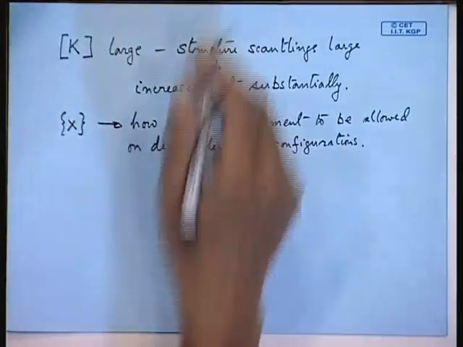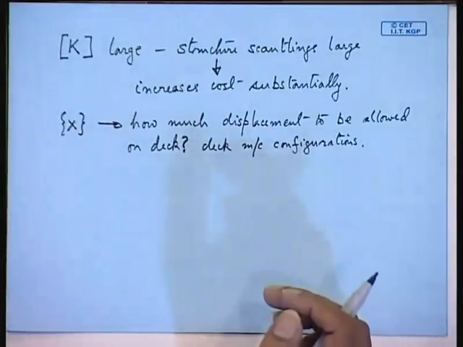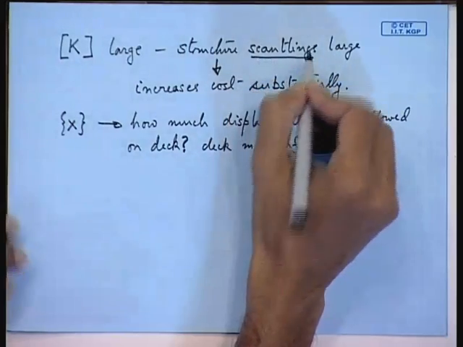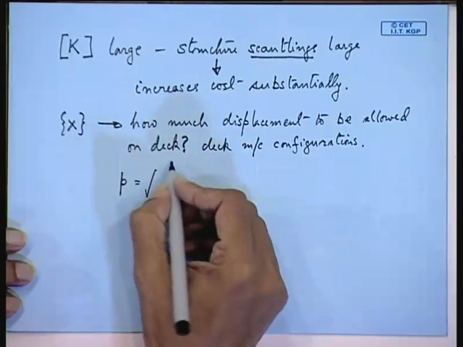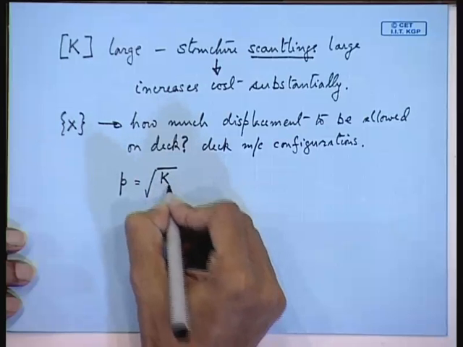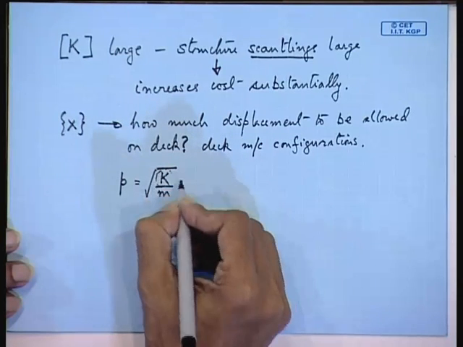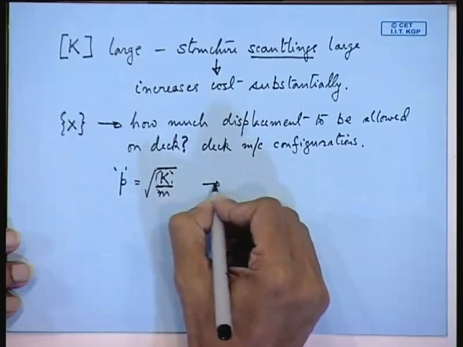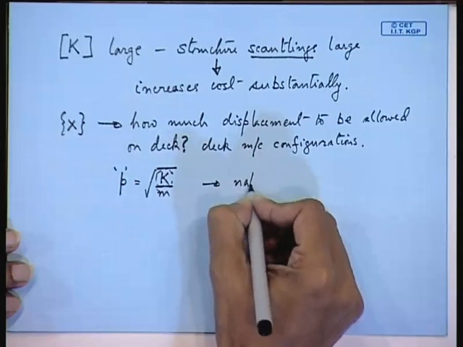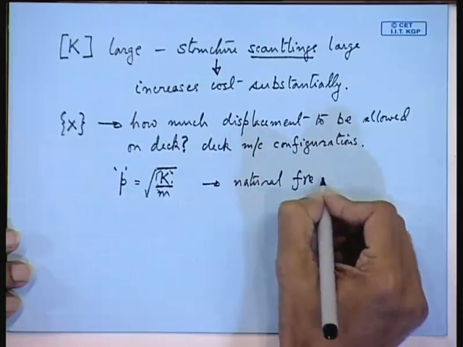So, one of the reasons I told you is this, that is the scantling of the structures, and the other is your natural frequency, omega is root over k by m, which you have already learnt. This k is also influencing your natural frequency of oscillation.